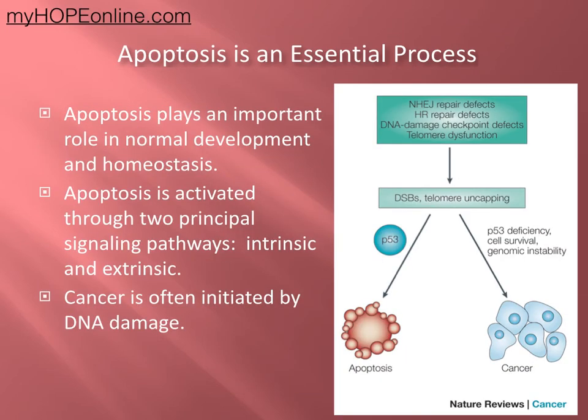Cancer often is really initiated by DNA damage, and technically, because of the DNA damage, it should then stimulate apoptosis through the intrinsic apoptotic process. And that's where the tumor suppressor genes really come in.